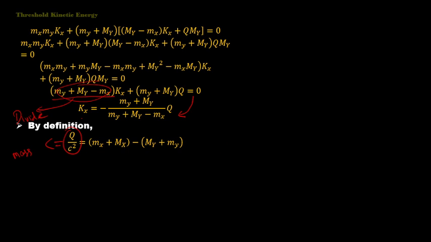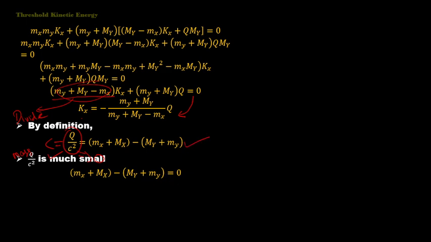So as compared to the masses of reacting particles, this value Q upon c squared, which has the dimension of mass, is much small, and we can treat it to be nearly 0 and write 0 on the left hand side, and we get this equation. We have taken Q by c squared as 0 and rewritten this equation.